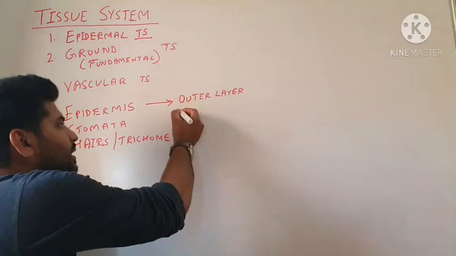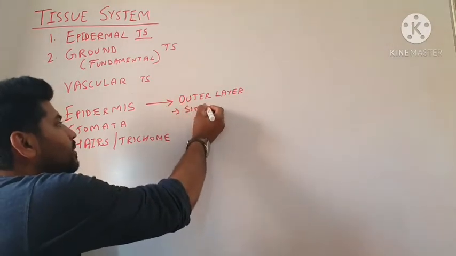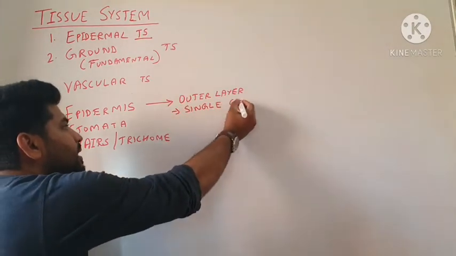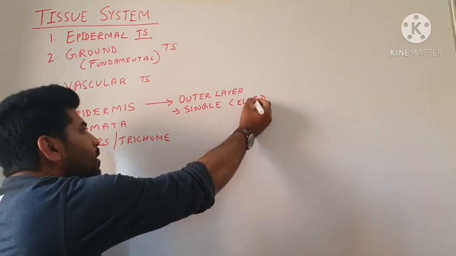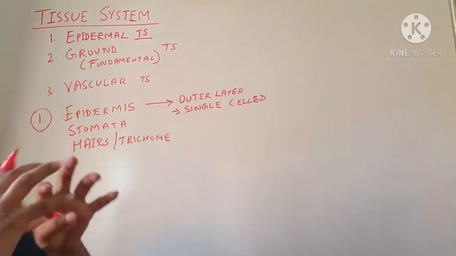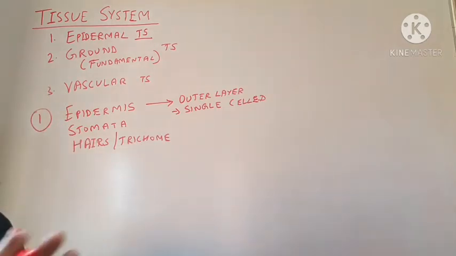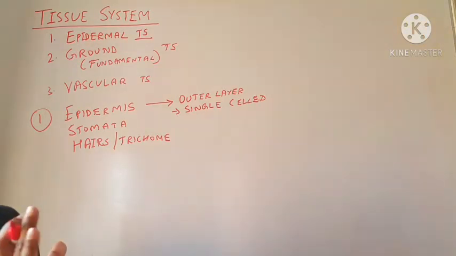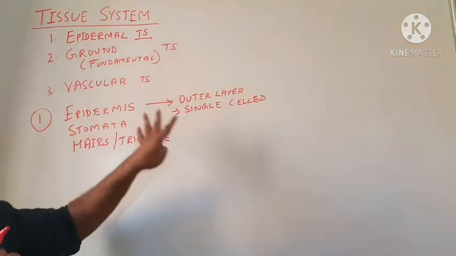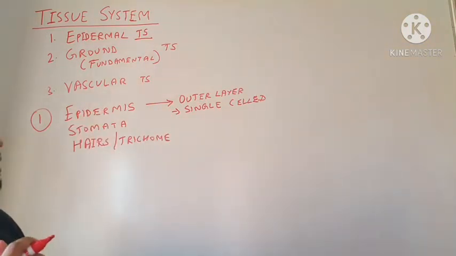It is generally single layer thick, so single cell thick, and the cells are compactly present with no intercellular space. The main function of the epidermal tissue system is to offer protection and also act as a defensive barrier. So that is about the epidermis.